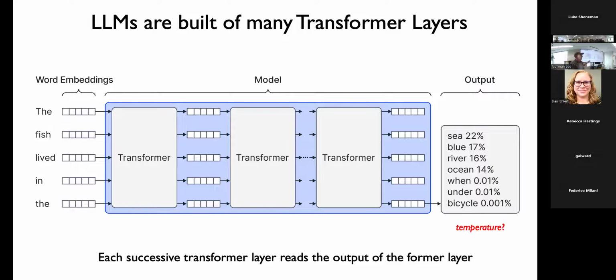And each one of them handles an ever more complex, nuanced understanding of language. So your first transformer layer might pick up on very basic things, like this is the subject and verb of this sentence.